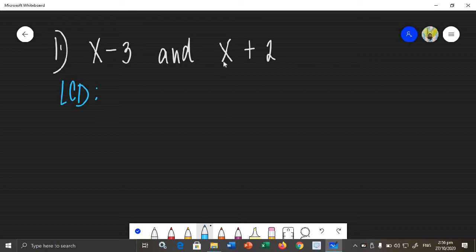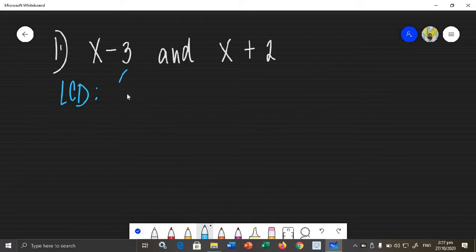Whatever the factoring lesson, we cannot factor this. Factoring polynomials with a common factor, we cannot use that. We cannot also use the difference of two squares, and we cannot obviously use the sum or difference of two cubes. So therefore, if this is the case that we cannot factor the given binomials, just combine them, and that will be your LCD.